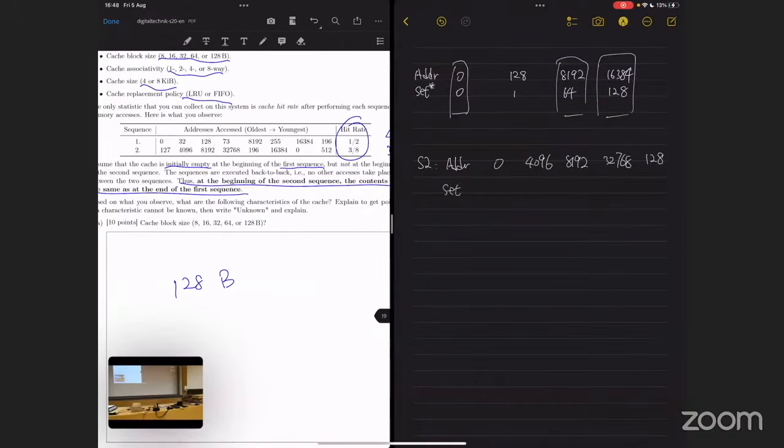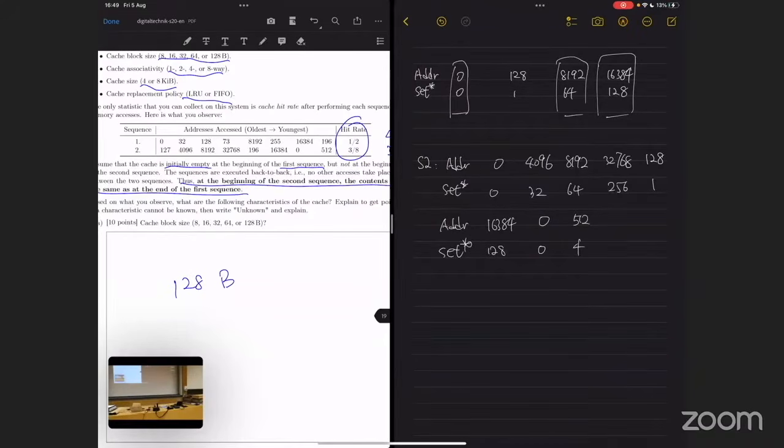And let's also have the set addresses: 0, 32, 64, this will be 256, 1. And for the next addresses, have 16K, this 128, 0, 0, 512, 4.